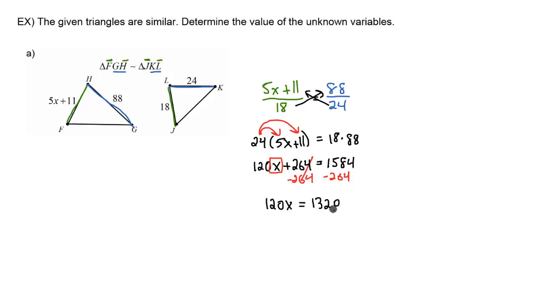Now I want to divide out the 120. That goes away because it's just a 1 in front of the x. And then this side divided by 120 will give us our final answer. It's going to be x equals 11. So that's what this missing, or unknown, variable is equal to.